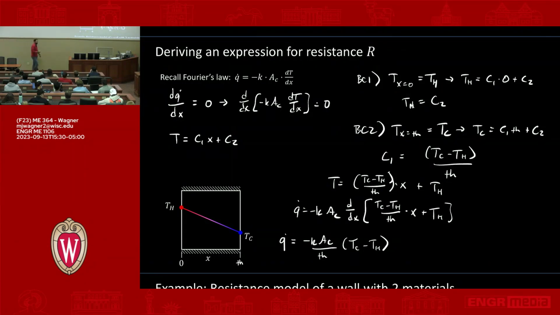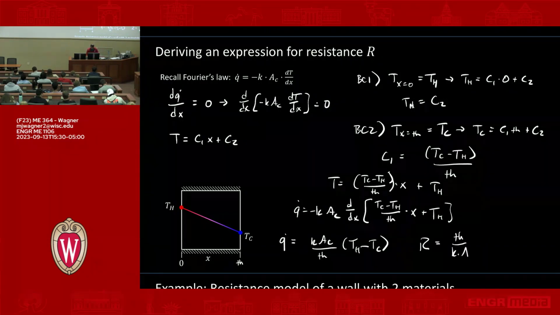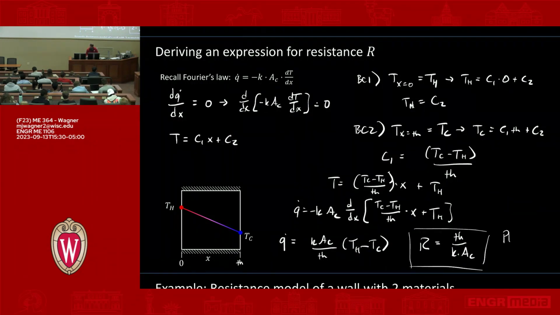So for this problem, we can say R, this thing we're calling thermal resistance, is equal to, let's take the minus sign and bring it in. I'm going to swap these around, and you can do this in your notes too: T_H minus T_C, just swapping it with the minus sign. So the resistance is just thickness over k times A_c.